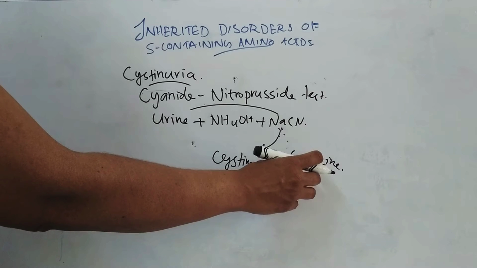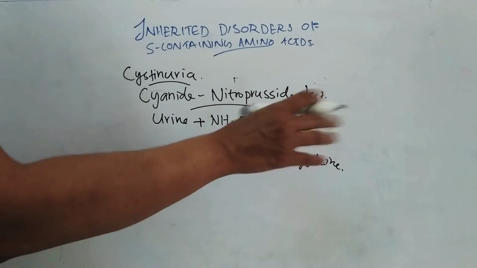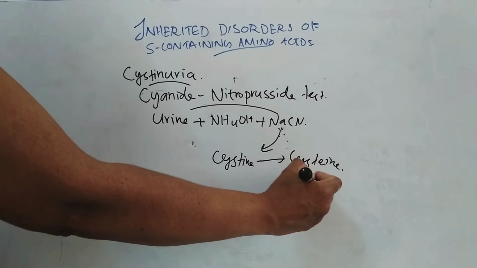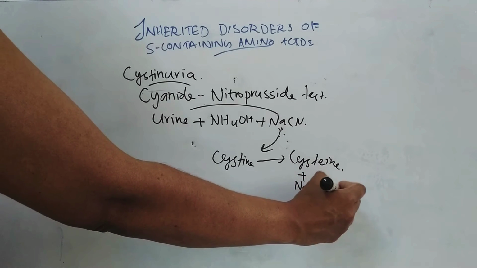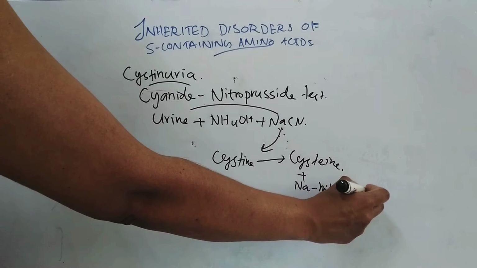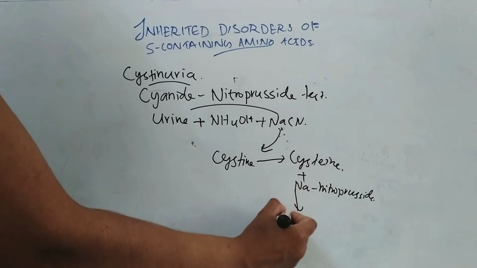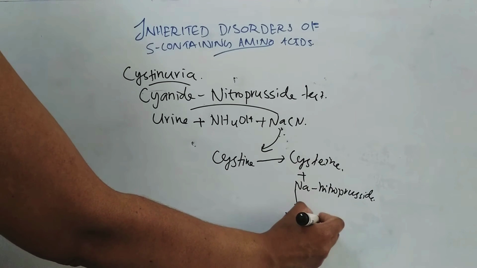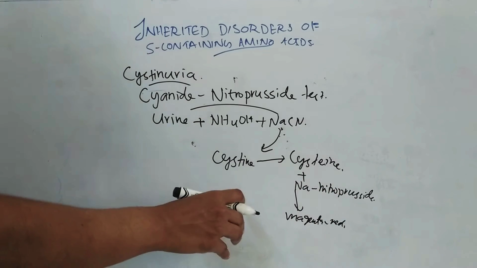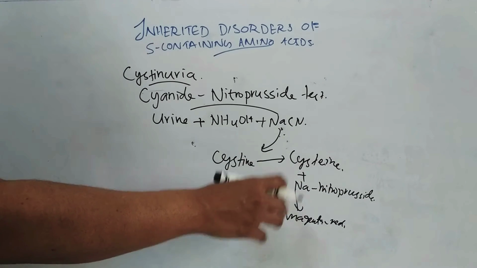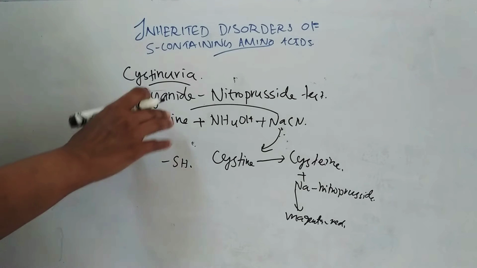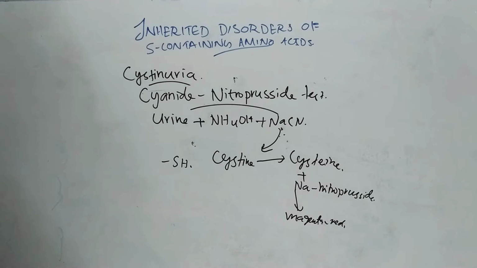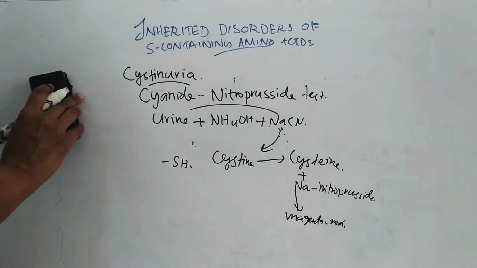Then the cysteine forms magenta red color when sodium nitroprusside is added. The intensity of this magenta red color is proportional to free SH content. So, that is the cyanide nitroprusside test. So, that is about cystinuria.